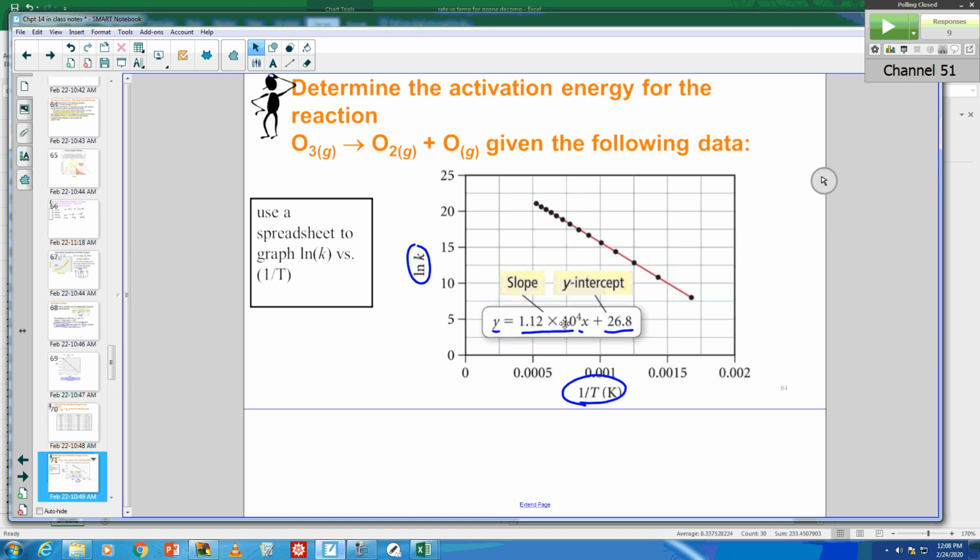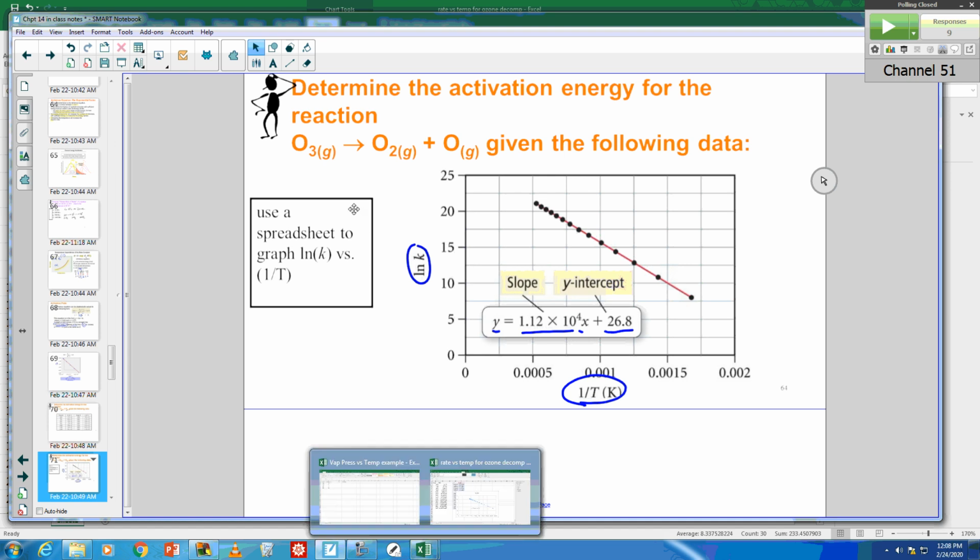They forgot the negative. And how do you know, looking at this line, whether that's a positive slope versus a negative? How do I know that that's a negative slope? It's going downhill, exactly. Positive slope goes uphill. So it's a negative 1.12 times 10 to the fourth. So we're pretty close to having exactly the same number.